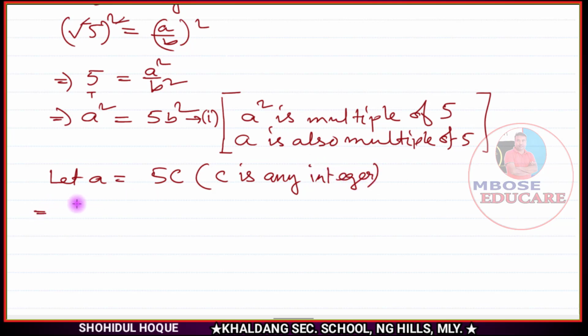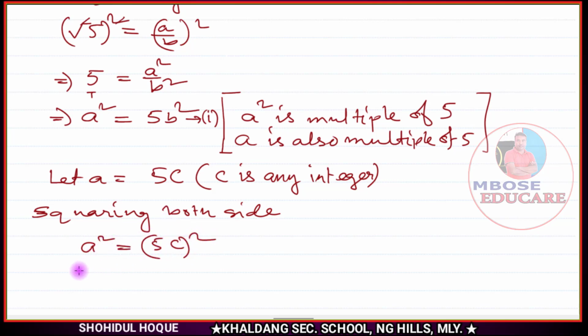Again squaring both sides. Squaring both sides we get a square is equal to 5c whole square. When we remove the bracket, 5 will be squared, then it will be 25 c square.